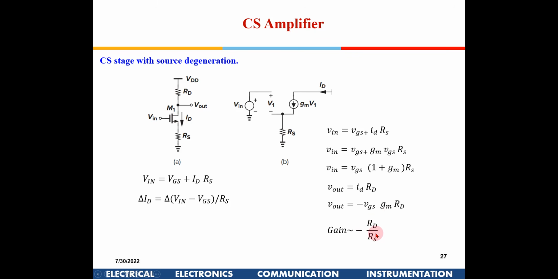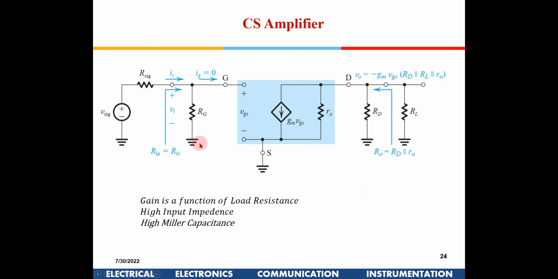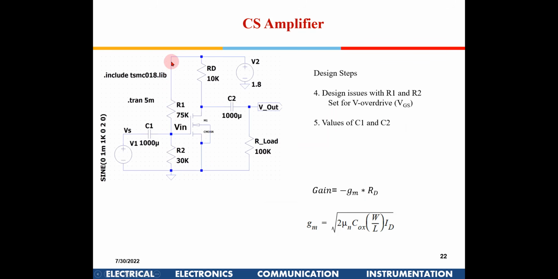Excuse me, sir. Can you please repeat how we got rid of the ripples once again? The purpose of RS. Now if you see, this is V in, VGS plus ID RS. So I write delta ID as delta V in minus delta VGS divided by RS. So the ripple voltage, with R1 and R2 here, the supply voltage change will result in delta V in.